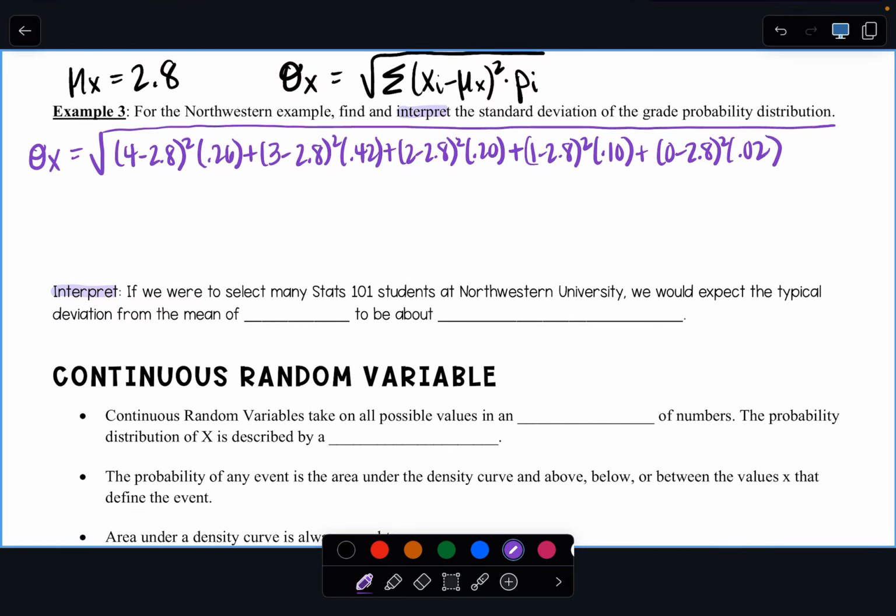And so just to give you an idea of how they might write this, my other answer choices could potentially not have the square root. It could also be that it doesn't have the squared. It could be that they're adding the numbers instead of subtracting, or subtracting the numbers instead of adding.